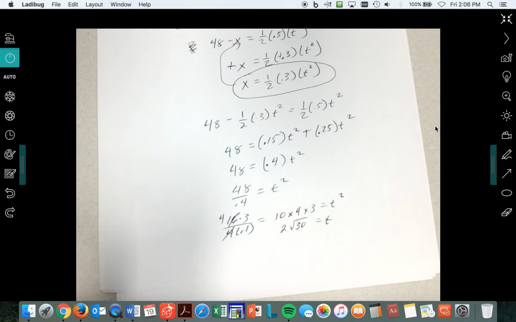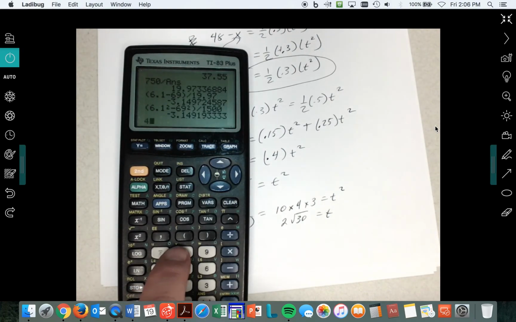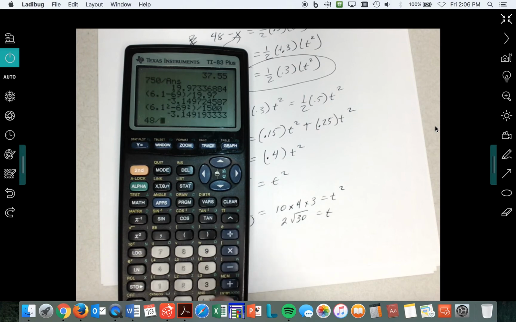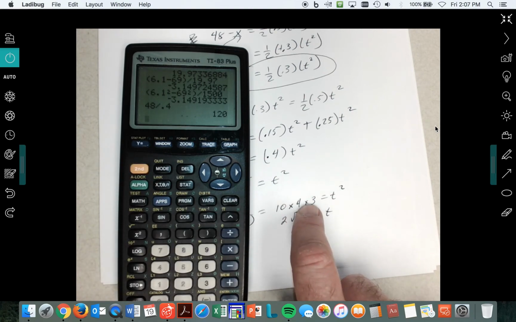That's in algebra class, that's the way you solve that. But let me just see what we wind up with when we've got 48 divided by 0.4. Take the square root. Oh, look at that, 10 times 4 times 3, that's 120.